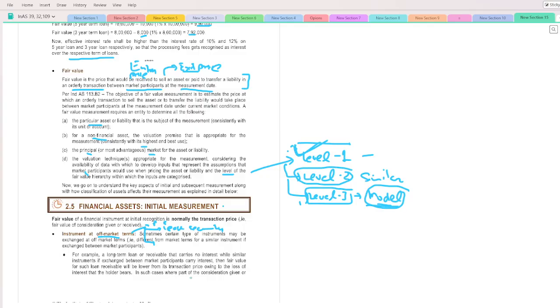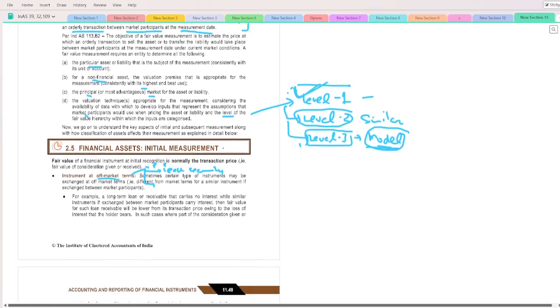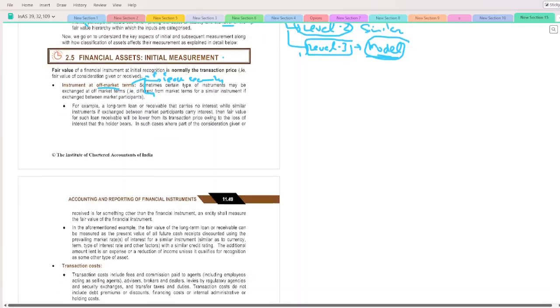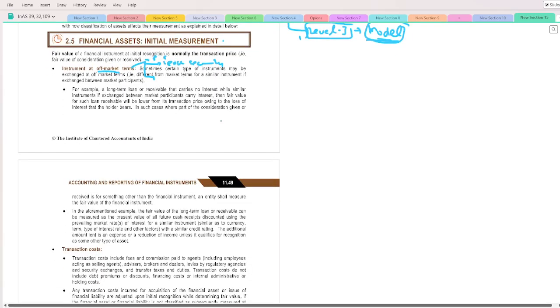In such cases where part of the consideration given or received is for something other than the financial instrument, an entity shall measure the fair value of the instrument. You can take the example of the lease, the security deposit.